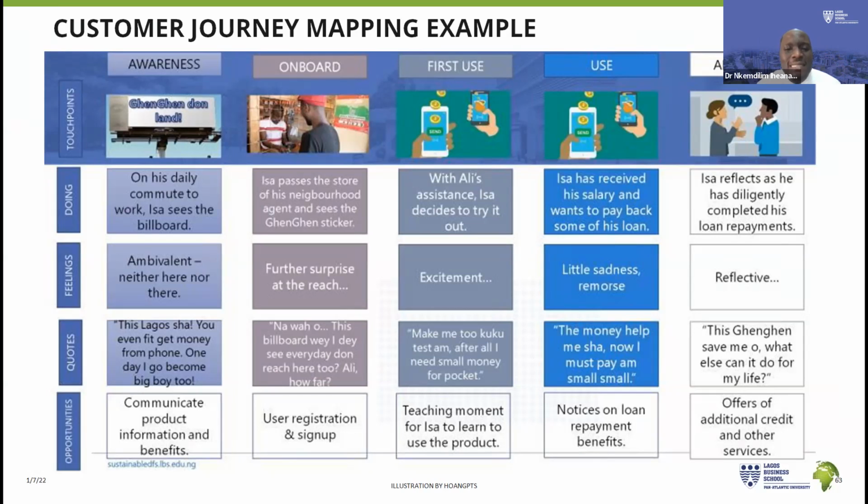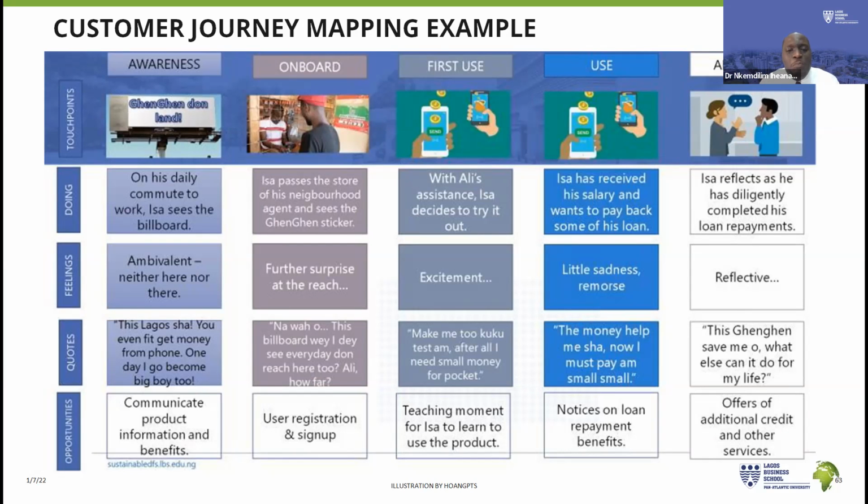With Ali's assistance, Issa now decides to try out the solution. And the first reaction is excitement. Wow, this works. And the quote is, "make me too cuckoo tester," meaning let me also test it. I mean, since the kiosk operator has tested it, let me also test it.